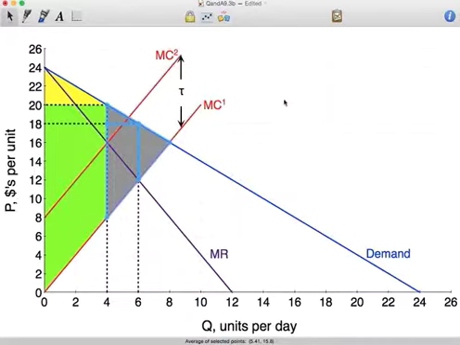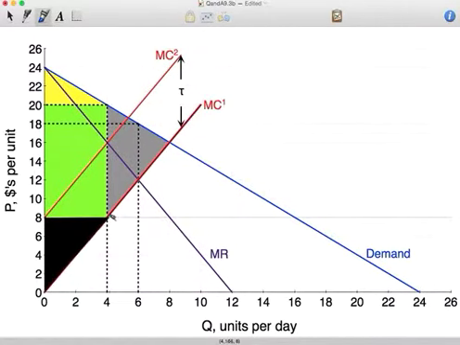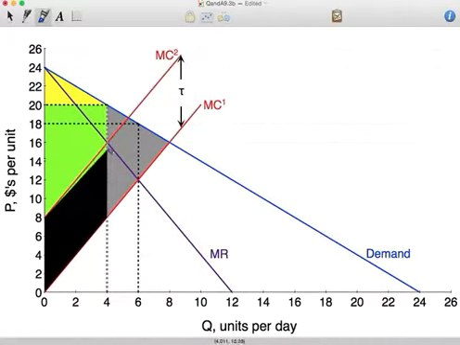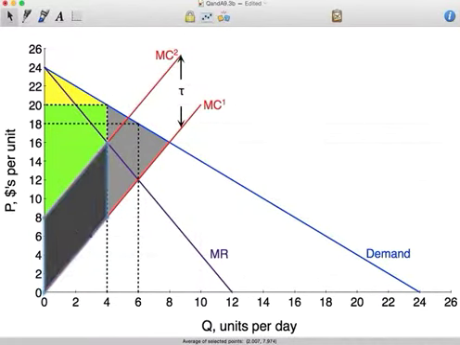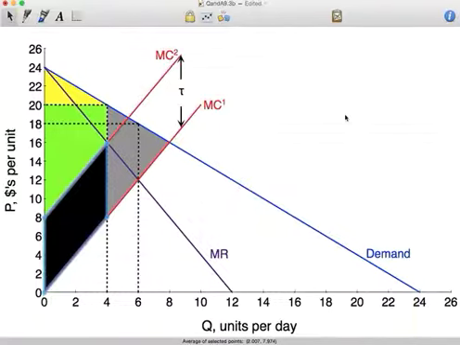So the area that accounts for this, and let me pick a different color. I don't know. Let's make it black because the government took it and it ain't there anymore. So let's highlight the area that indicates the tax revenue that is generated. This black area right there is the tax revenue that is generated.